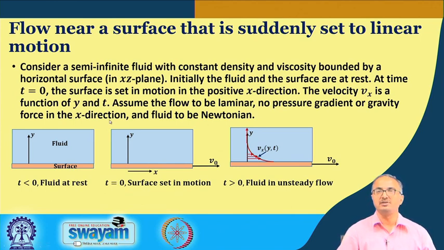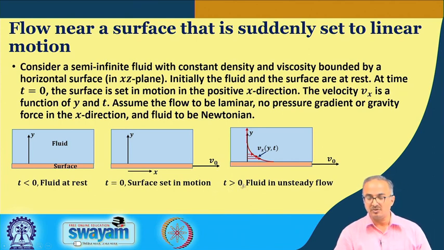So, here pictorially we have shown you these situations. Here you can see that at t less than 0, the fluid is at rest. Here we have the surface, and the y direction is perpendicular to this bounding surface, and this is the fluid. At time t equal to 0, this surface is set to motion. And at time t more than 0, we find that there is some kind of velocity gradient, that is Vx.